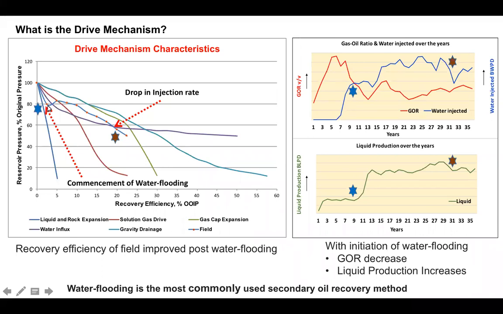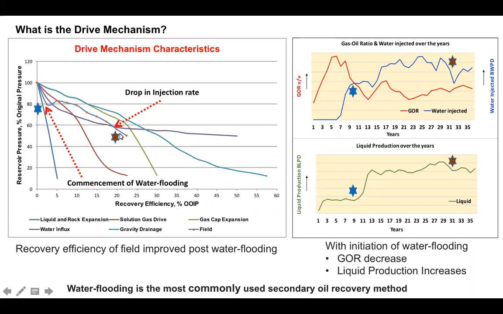And that's when we see the plot changes and it starts resembling a field on water influx. All right. And then the second event happens in the life of the field. That is, there was a drop in injection rate in that field for certain reason. And then we see the plot dipping again, or rather resembling the solution gas drive mechanism.